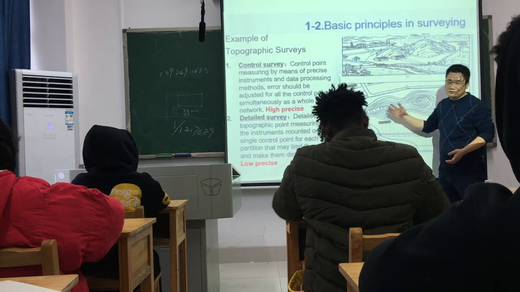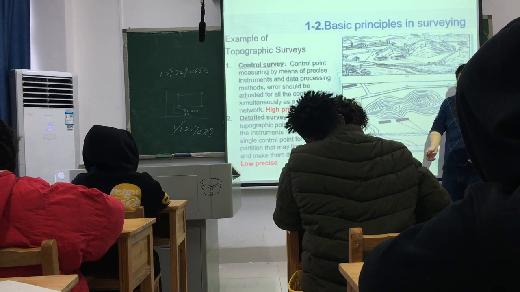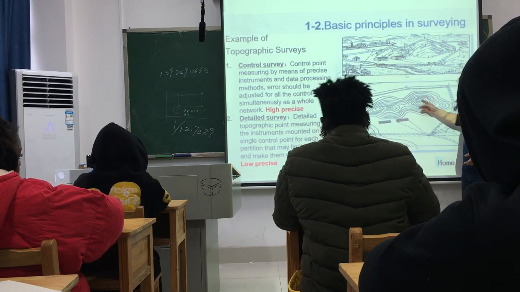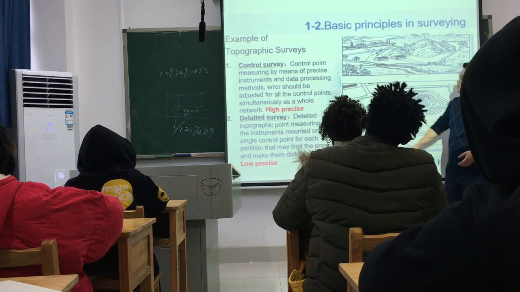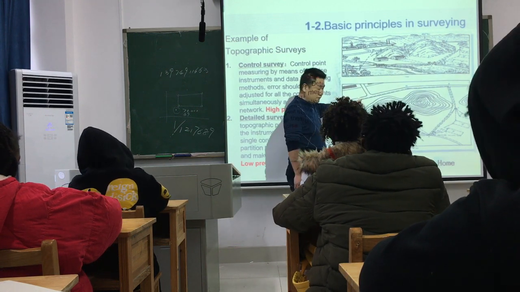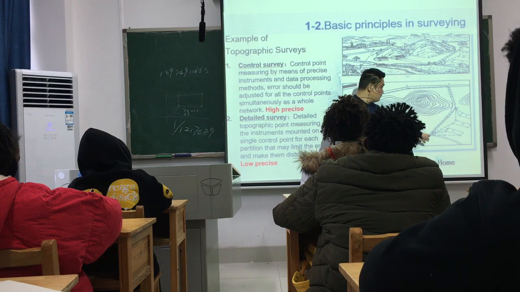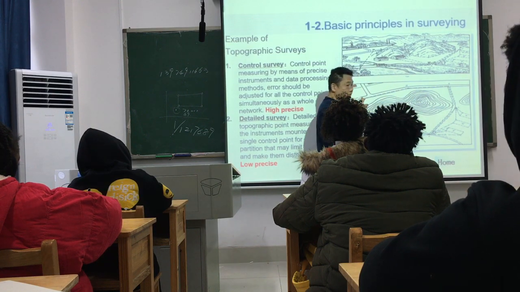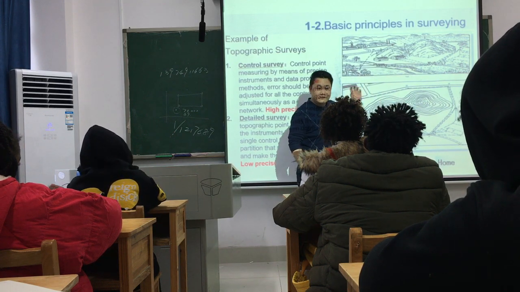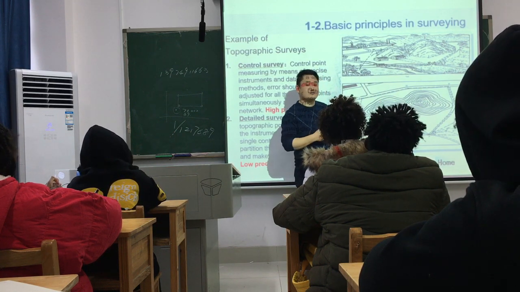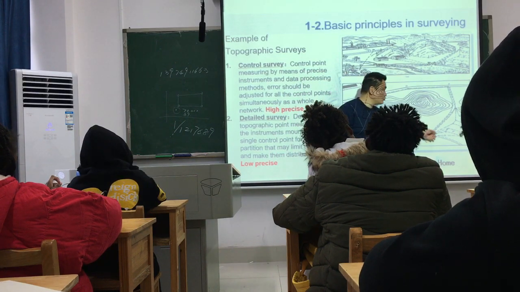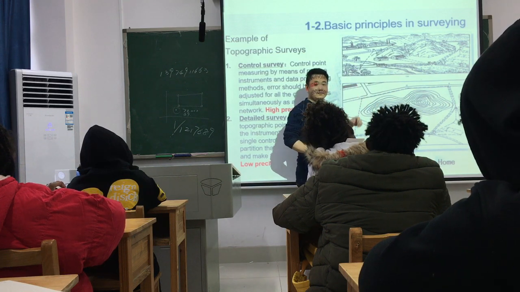So you must do control survey first. That means around this area, we must determine some control points. For example, here 1, 2, 3, 4, 5, 6. These points we say are control points. Firstly, we use some special method of survey and get the coordinates of these control points precisely.